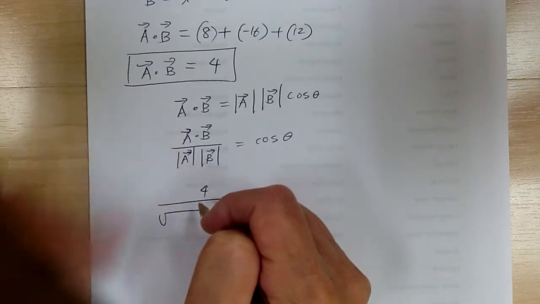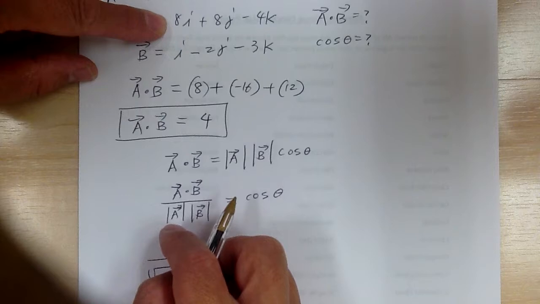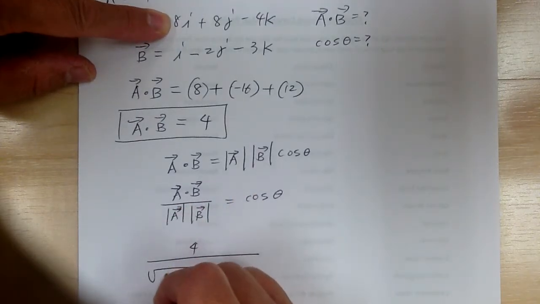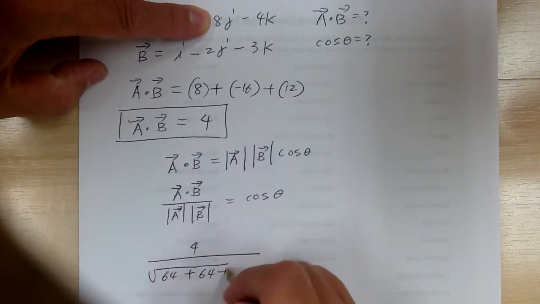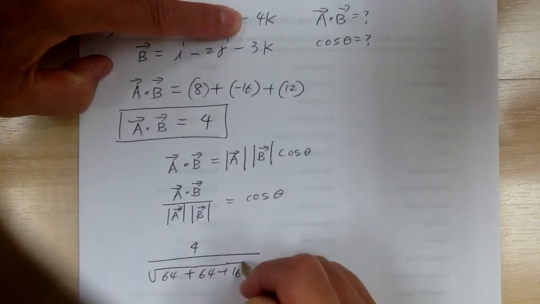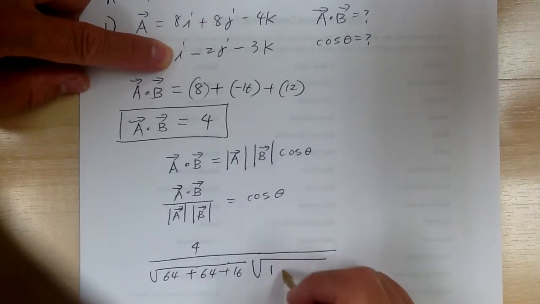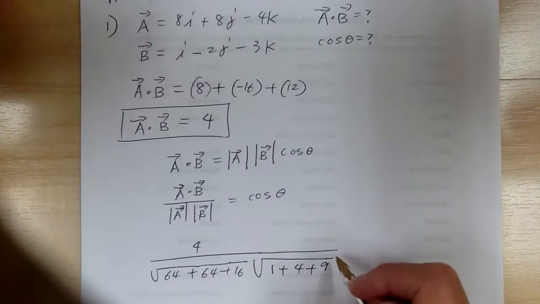And then the length of A, you're going to get the square root of A squared, so that's 64 plus 64 plus 16. So that's the length of A. And the length of B, 1 squared is 1, negative 2 squared is 4, 3 squared is 9.